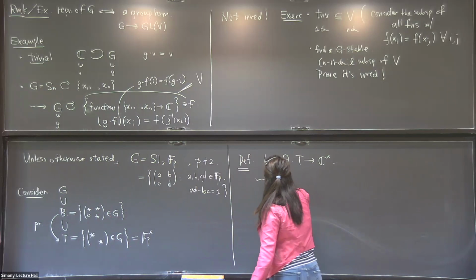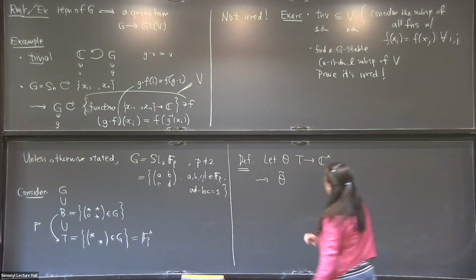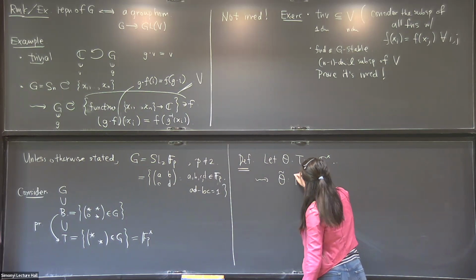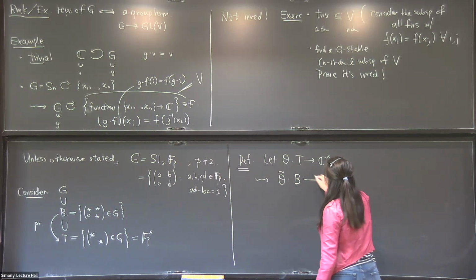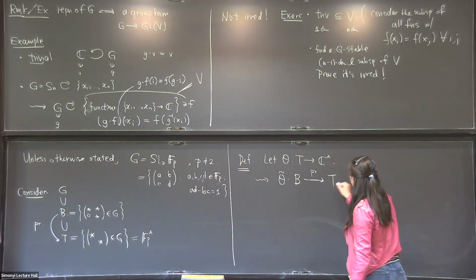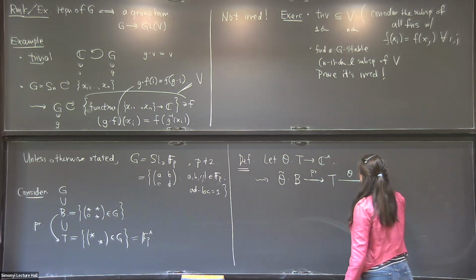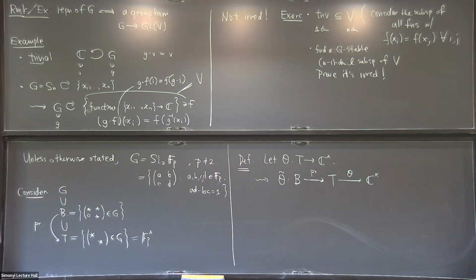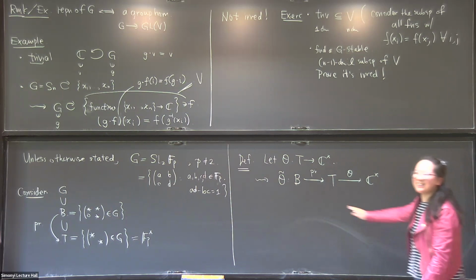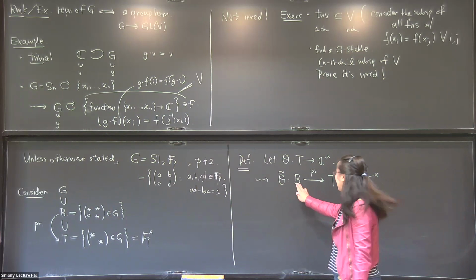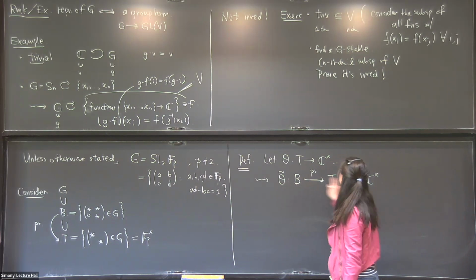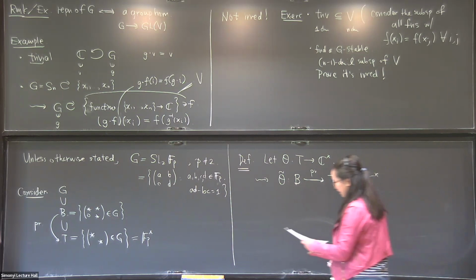So from this, I can obtain a character, a representation, which comes from first projecting to T, then doing theta. I'll call that theta tilde. But it's basically nearly the same information. You should think of this theta tilde as being essentially the same as theta.